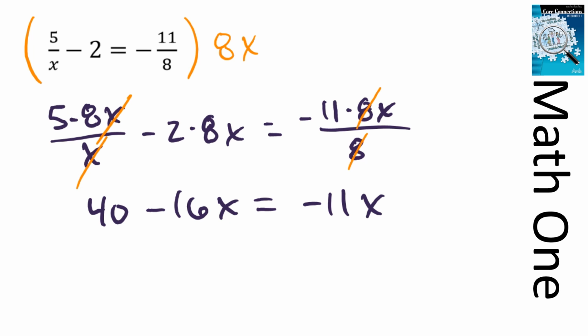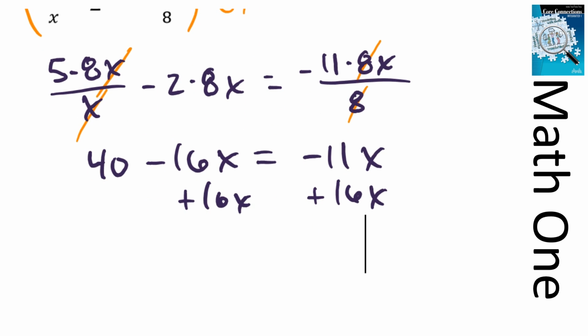So to solve next, I'm going to add 16x to both sides. That will eliminate the 16x on the left-hand side. So this equation now becomes 40 equals, negative 11 and positive 16 should be 5, so I've got a positive 5x.